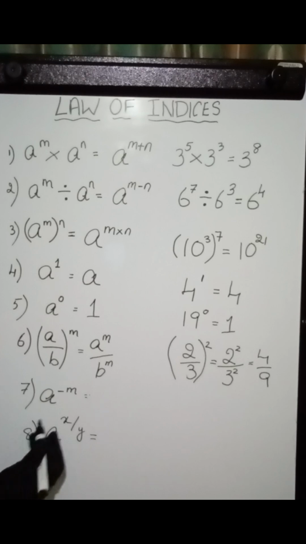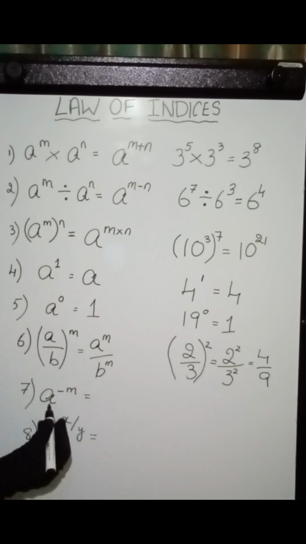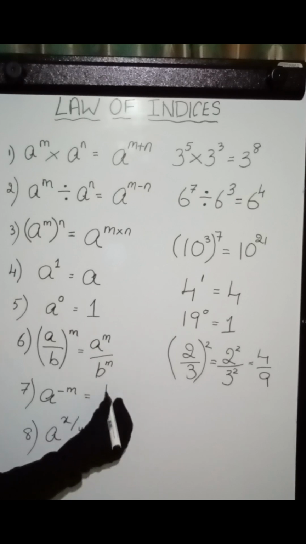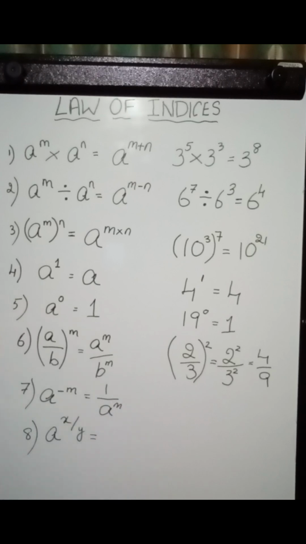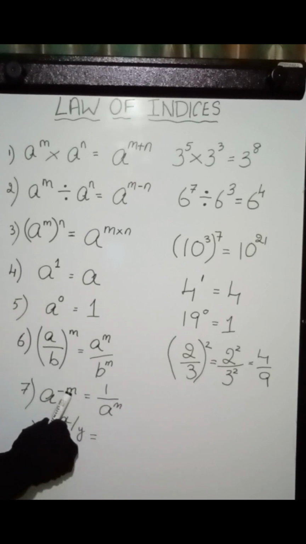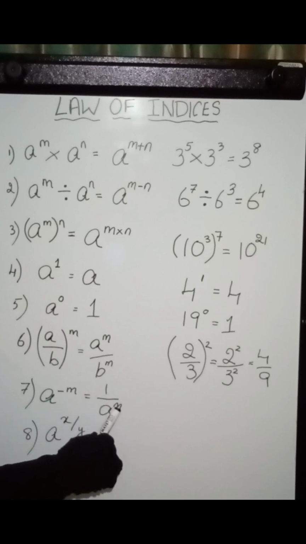So let's consider the next one. Whenever you have a minus power, for example, a to the power of minus m, in this case, this will be equivalent to 1 by a to the power of m. So it works vice versa. A to the power of minus m will be equivalent to 1 by a to the power of m.